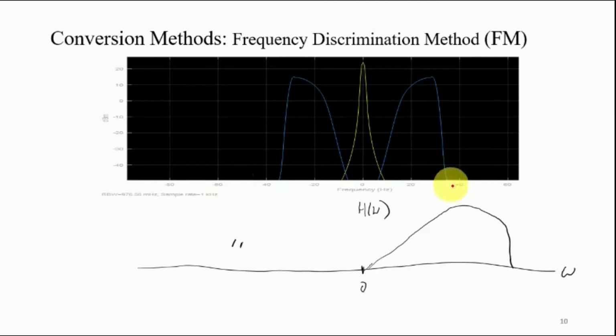So it has to be linear in this range from here to here. So I have sketched one such filter. If you sketch this filter, since it's linear, you get a spectrum that would directly relate with the message signal.